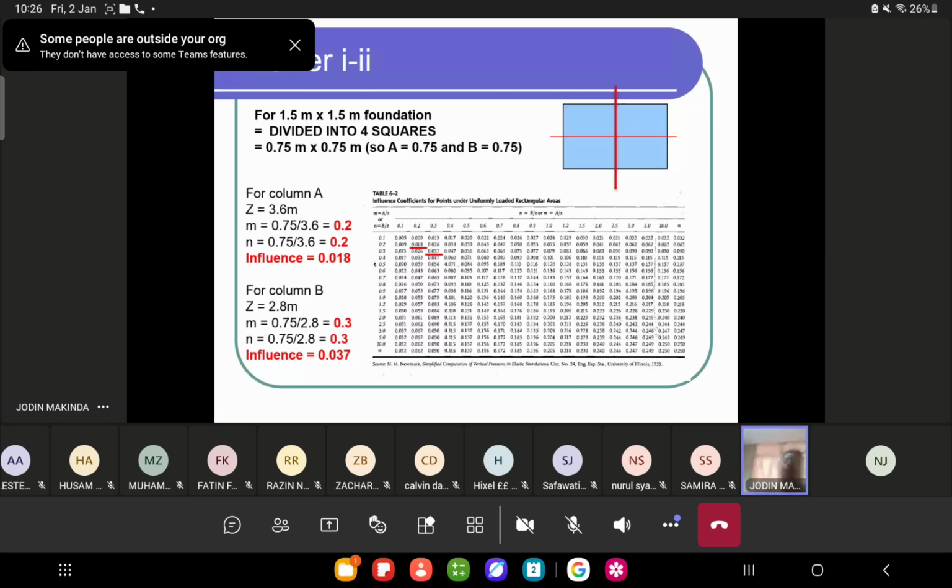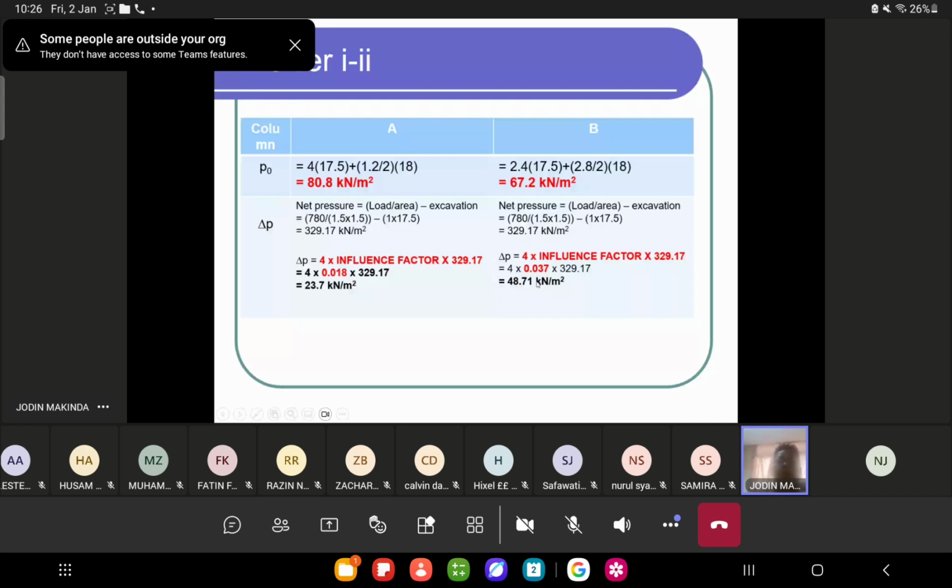Now we go back to the table. We already know the influence factor for A, 0.018, and the influence factor for B, 0.037. Therefore, we can calculate the stress increment, yaitu 4 times 0.018 times 329.17, which is 23.7 kilonewton per meter square.